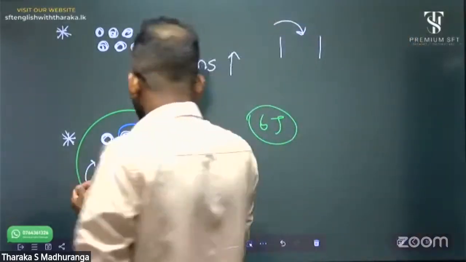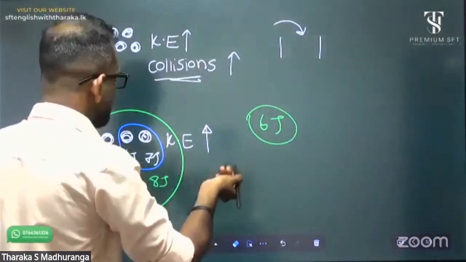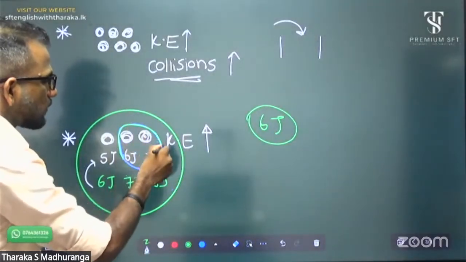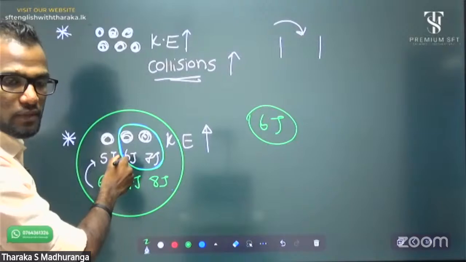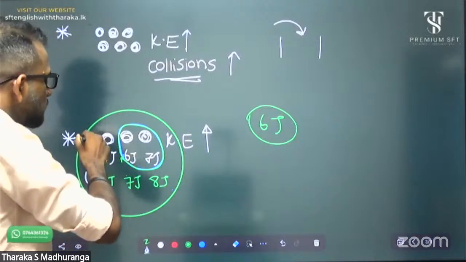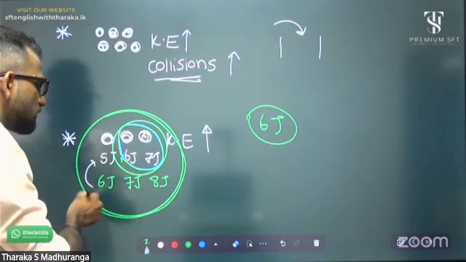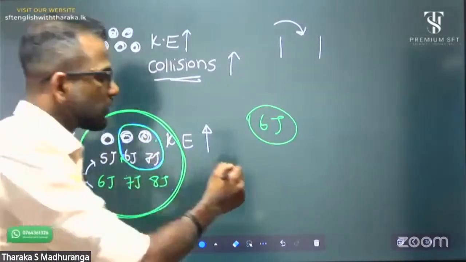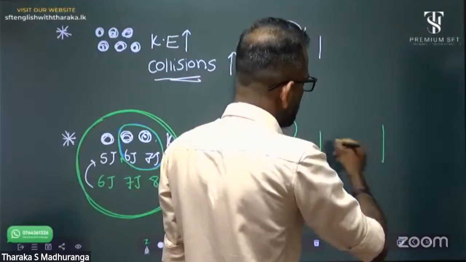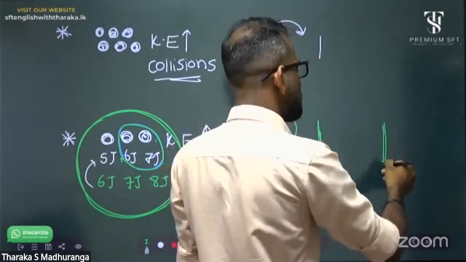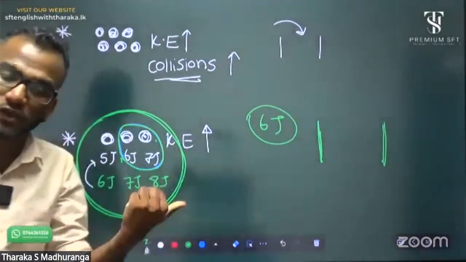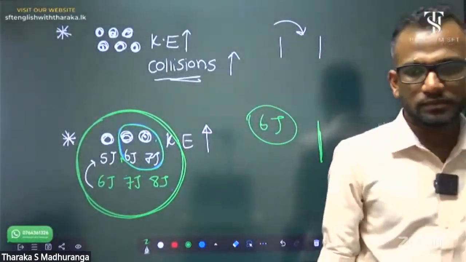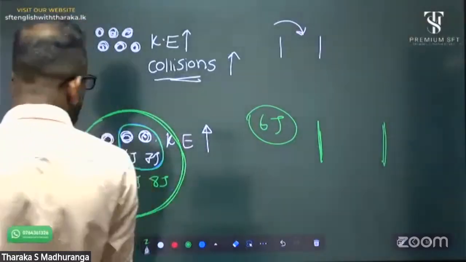But if we increase the temperature, then 3 reactant molecules exceed activation energy. That's why within a unit time, effective collisions increase. That's the reason for the increase in the rate of chemical reaction. Okay, that's all about temperature.